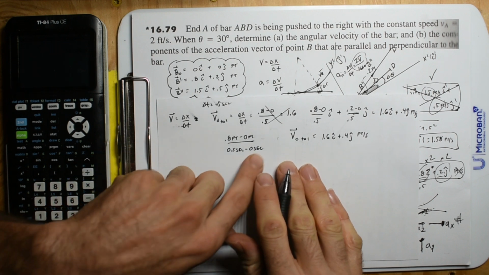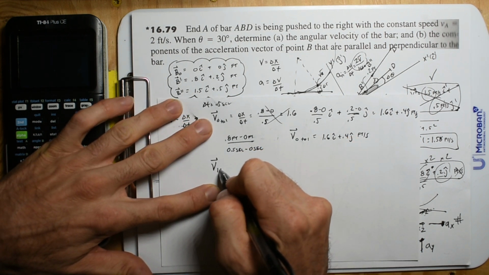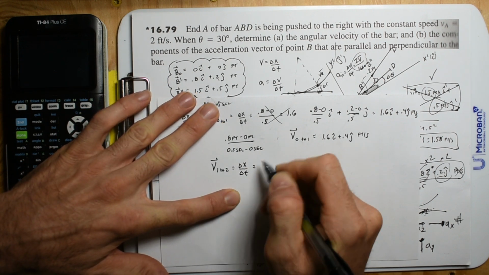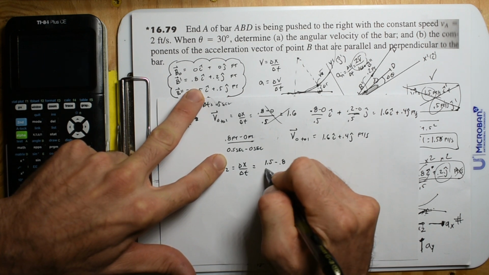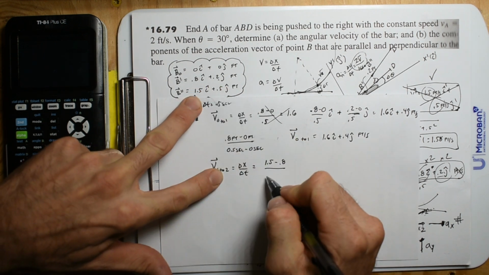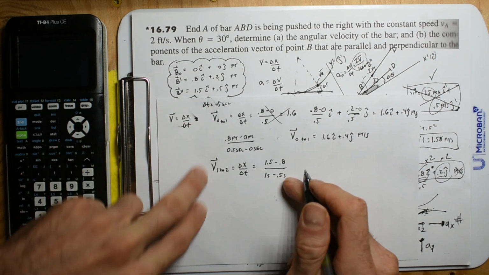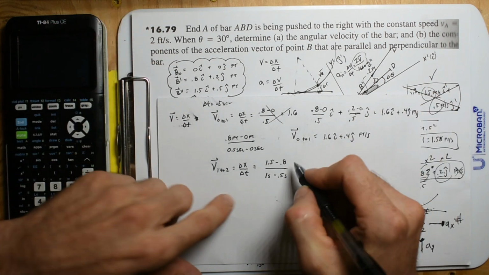All right, we're going to do the same thing, and I will spell it out on this one because this is a little trickier. 1 to 2, same thing, change in position over change in time. We're going to change our position by 1.5 minus 0.8. And then you could say our change in time here is 1 second minus 0.5 seconds. You can always do that. Or you can just say, hey, we're taking a representative change in time of 0.5 and call it good.